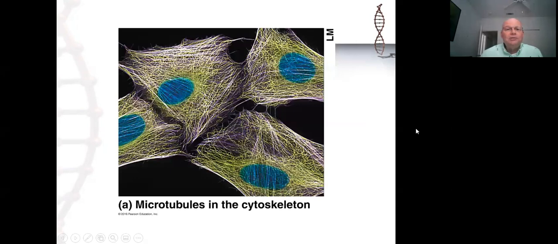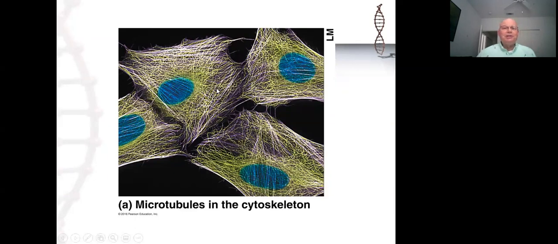So here is a photo of cells where the microtubules have been stained with a dye that colors them either a yellow color or white color. And you can see that it is a highly complex network of these fibers that are made up of two proteins called alpha and beta tubulin and form hollow tubes.